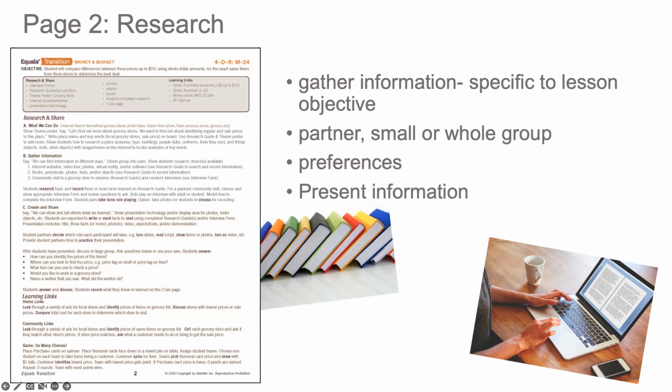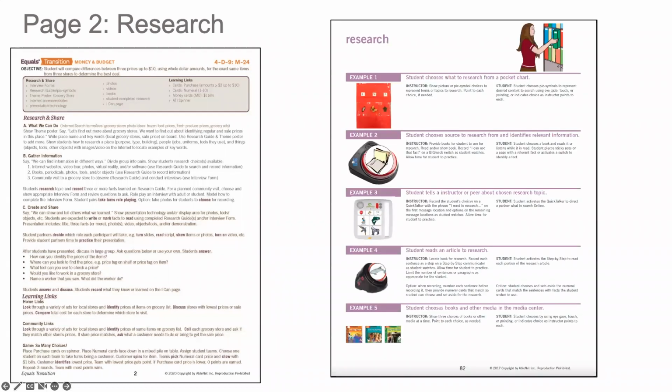The research activities are meant to be completed as a partner pair, small group, or even as a whole group if needed. Research is an action word in the Action Dictionary. Look through these adaptations and use the ones that would best support your students during the activities on the second page.